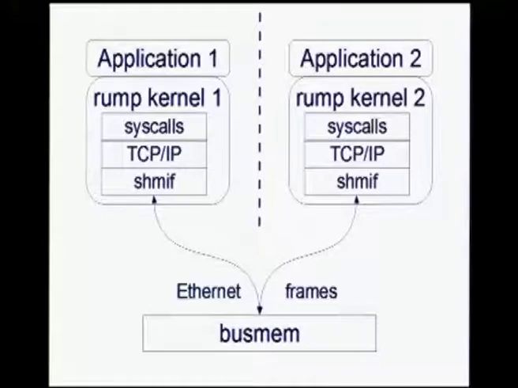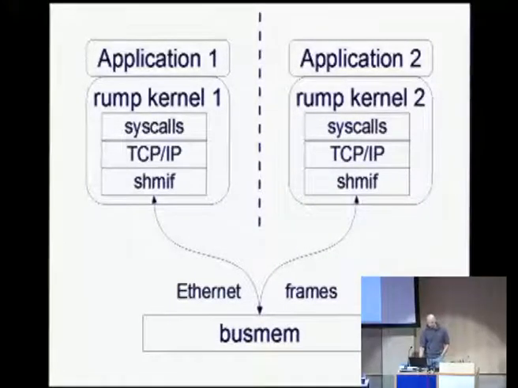This whole thing runs completely unprivileged, and how it works is pretty much as the first example. You have an application layer which makes some sort of calls into the rump kernel. Then drivers do stuff. In this case, the driver is the TCP/IP stack, and the bottom layer of the TCP/IP stack is the interface driver.